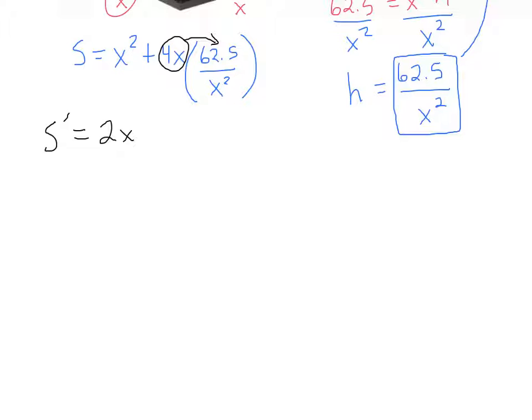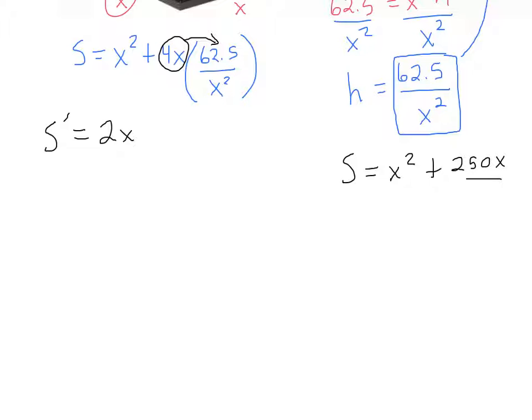Okay. So let's go back. Let's take our surface area formula, and I've got x squared, and I'm going to take this 4x right here, and I'm going to multiply it on top. So tell me what 4 times 62.5 is. 250.